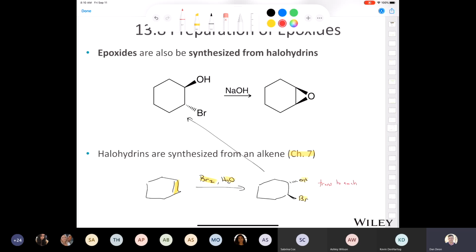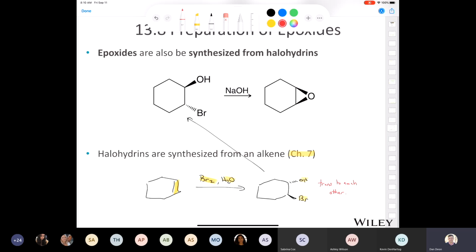And there is some serious significance with this, and I'm going to show you what the significance is on the next slide. So we have the hydroxyl and the bromine, and they're trans to each other. We can treat that with sodium hydroxide, and we make an epoxide.